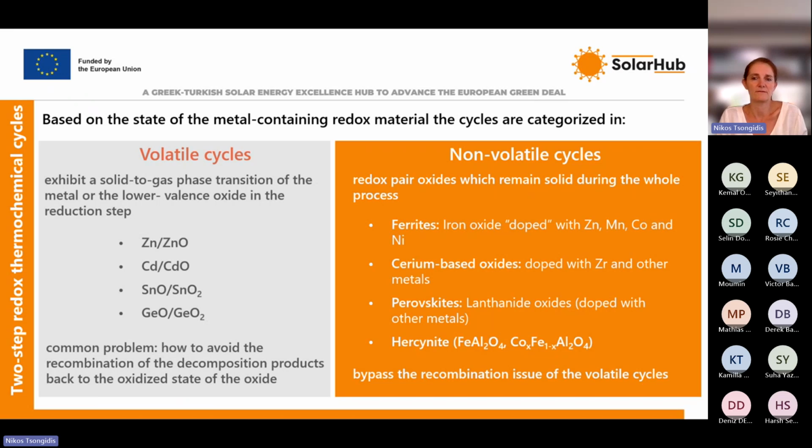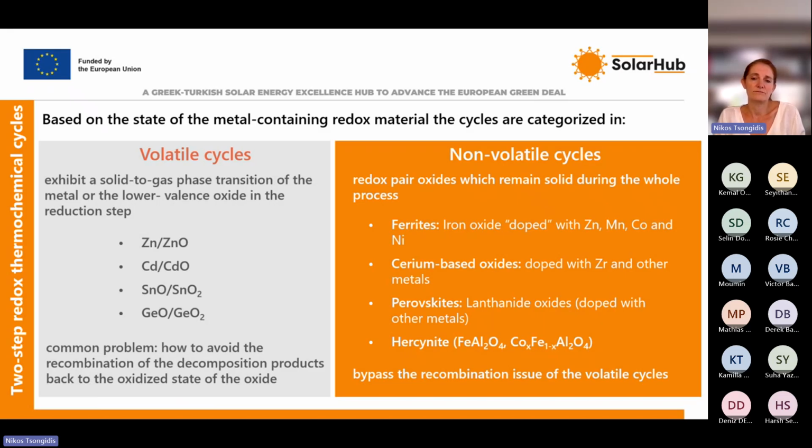the non-volatile cycles can give the solution. Here we have metal oxides that remain in the solid state during the whole duration of the thermal reduction and the splitting. In these cycles, we have investigated mainly ferrites that are iron oxide doped with other metals, zinc, manganese, cobalt, or nickel. Also cerium-based oxides that can be doped with zirconium or other metals.